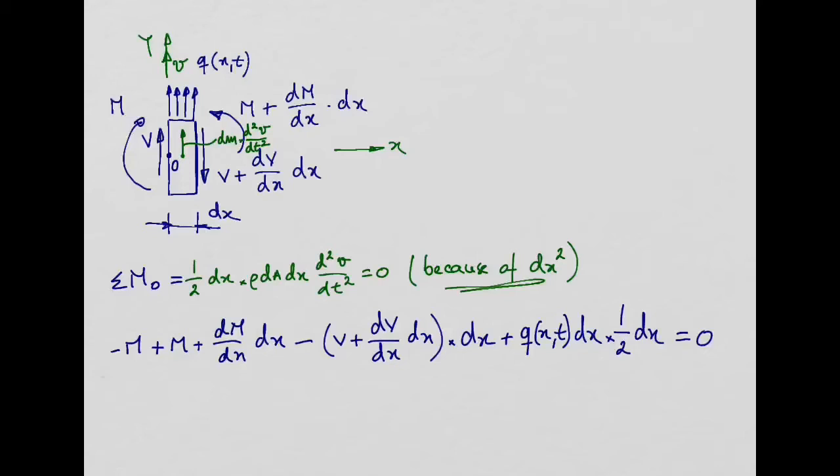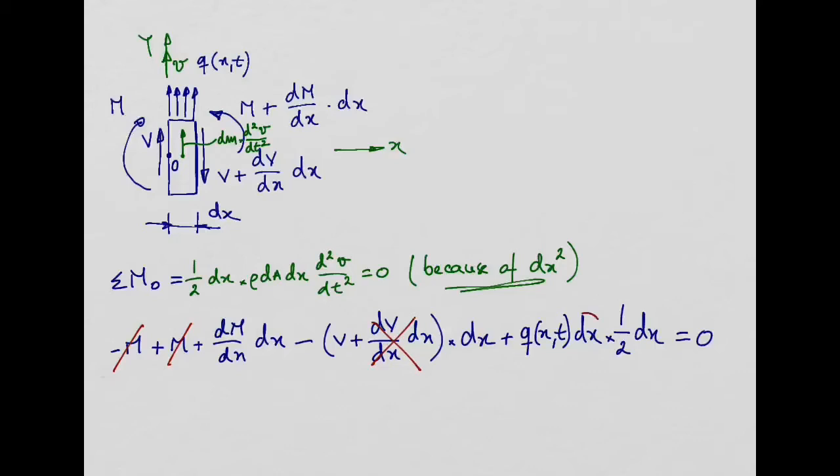And the good thing is, this is the part I like most. Minus M cancels with M. Now we have here dx times dx, which is going to be dx squared. So this term here will be neglected because of the dx squared.